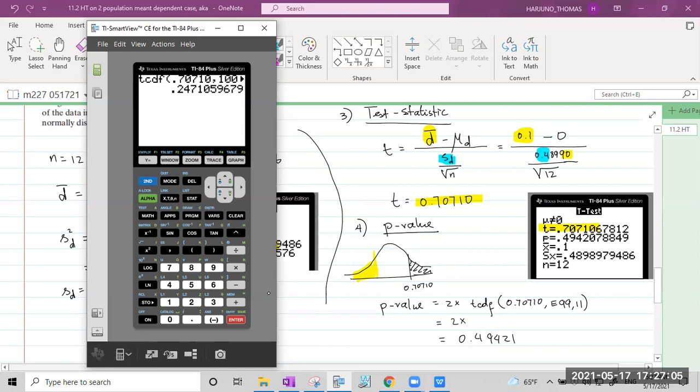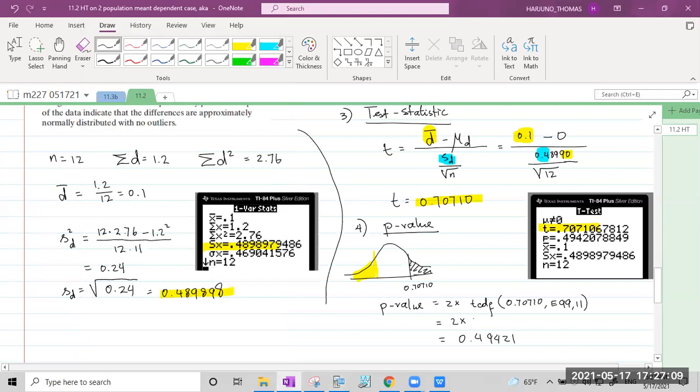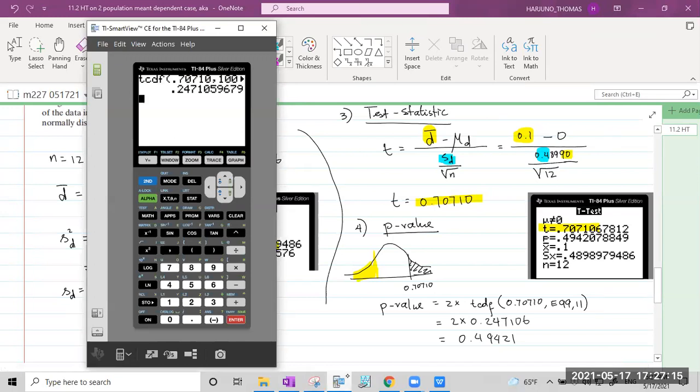I get 0.247106, multiplied by 2. Do you see that? 0.49421 if I round to 5 decimal places.